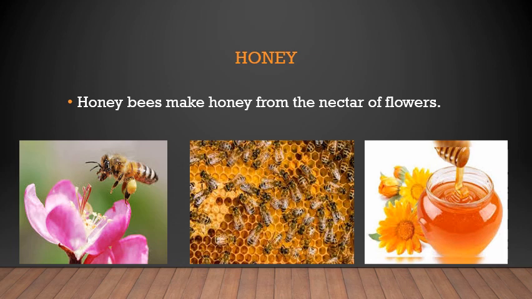There they deposit the nectar. Then we buzz off the honey bees from the hive and collect the nectar from that hive. That's how we get honey from honeybees. They collect it from different flowers, keep it in their house, and we go to their house and get honey from the different honey hives.